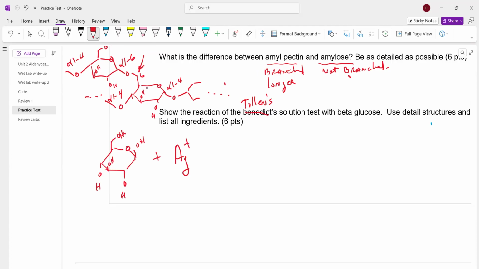Tollens is with silver +1 and a basic environment. So what happens is it has to open first. Let me draw it opened. So it's opened up, and here's the aldehyde. The susceptible aldehyde is going to get oxidized.